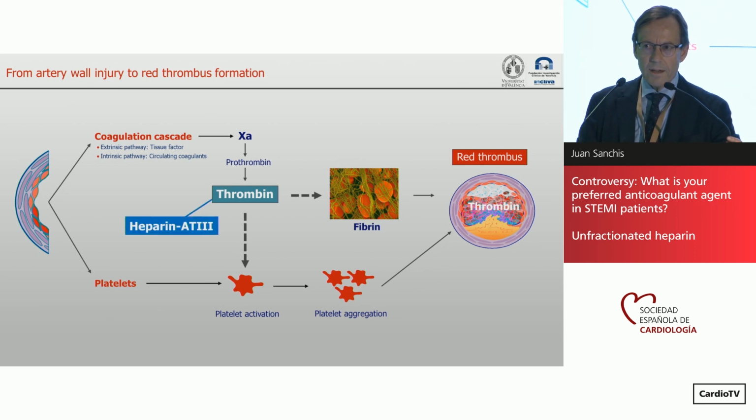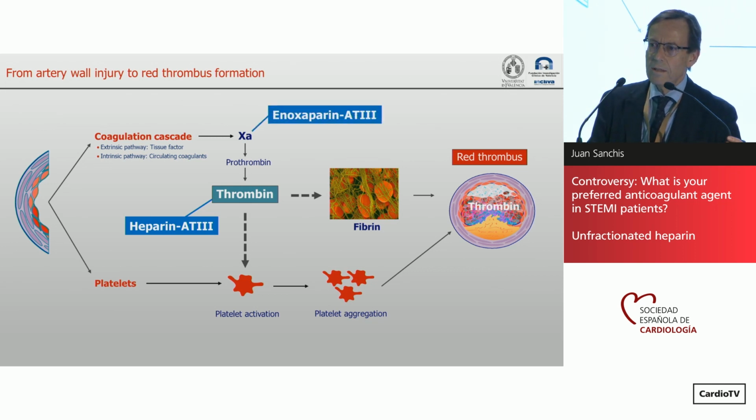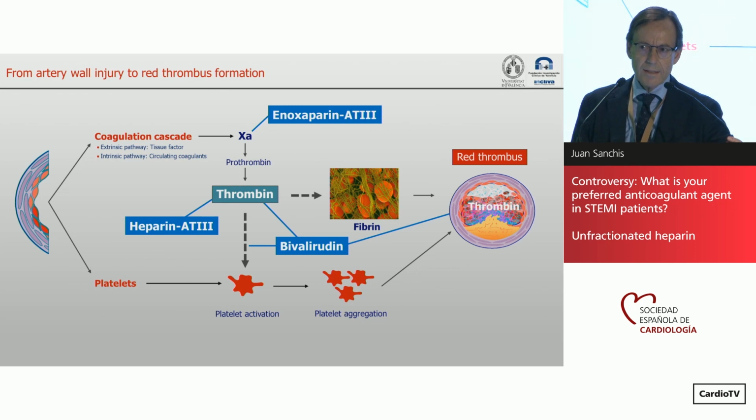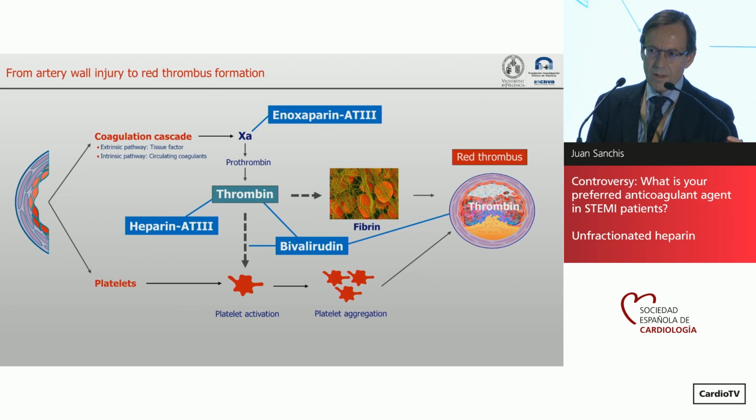Heparin is an indirect antithrombin agent because it requires a cofactor, antithrombin 3, and the resulting complex inhibits circulating thrombin. Enoxaparin is also an indirect agent, but its effects are against the factor 10A. And bivalirudin, in contrast, is a direct antithrombin agent with a triple effect against circulating thrombin, clot-bound thrombin, and also platelet activation.